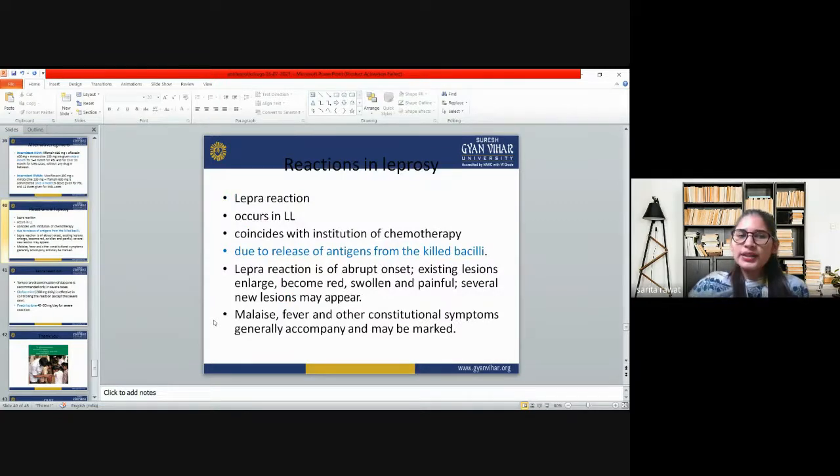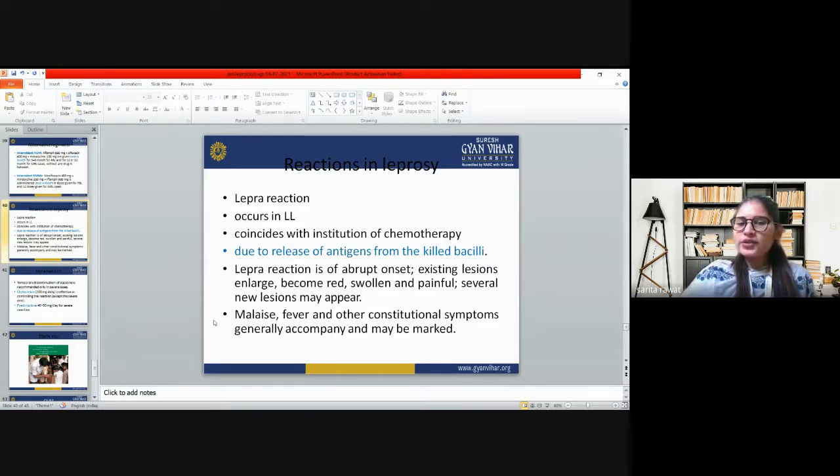Now, reactions in leprosy. What kind of reaction can occur in a leprosy patient? Lepra reaction can occur in lepromatous leprosy with the institution of chemotherapy, due to the release of antigens from killed bacilli.